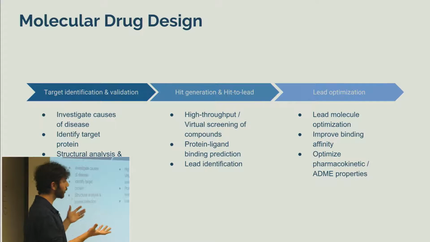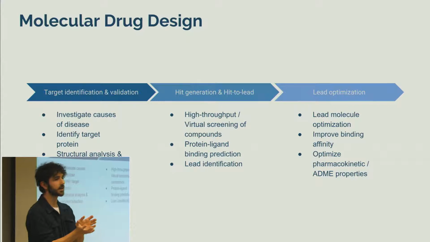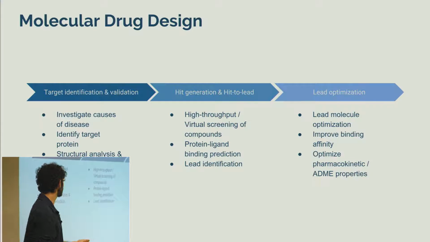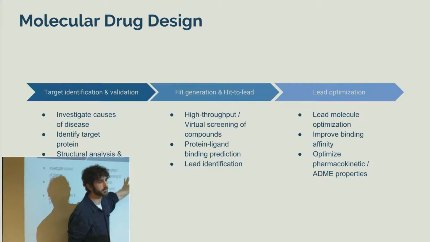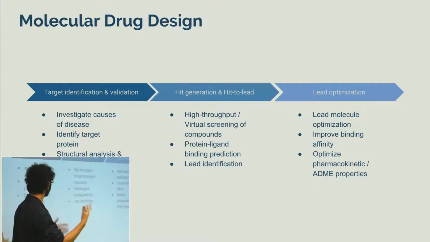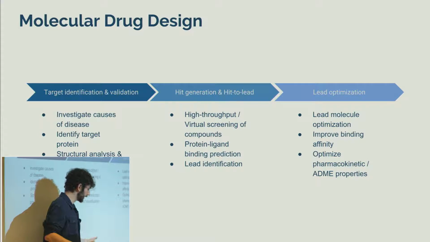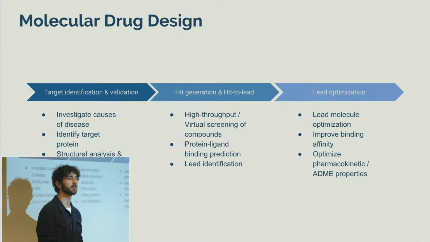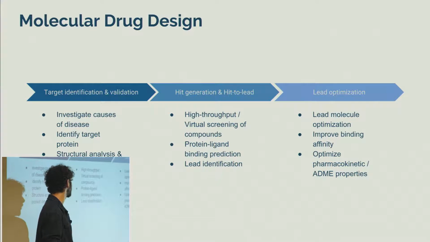So the main approach, once you have this target, is to find a ligand to make the effect that you want, and that is, I would say, the difficult part of the process and requires extensive resources, at least for this first part of the drug discovery workflow.